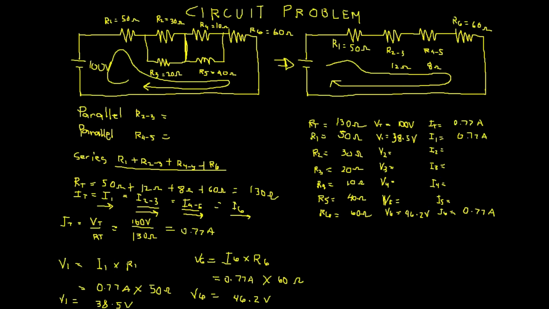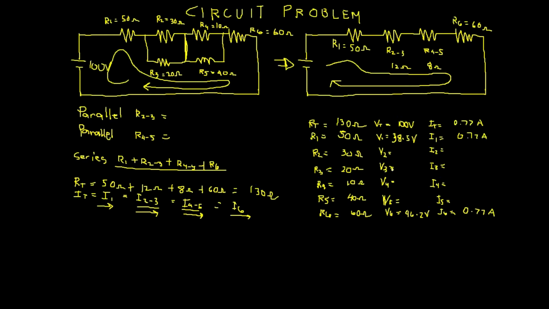So, delete muna natin yung iba. Okay, so now, para makompute natin itong V2, V3, V4, V5, I2, I3, I4, I5, dito tayo mag-start kay I2-3 or kay I4-5. So, dito tayo kay I2-3.